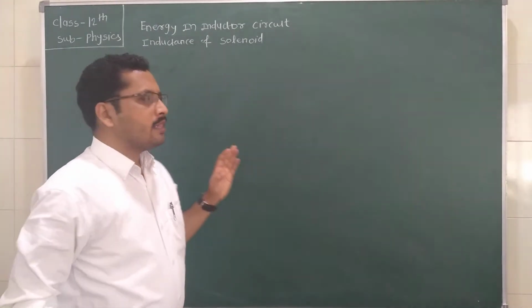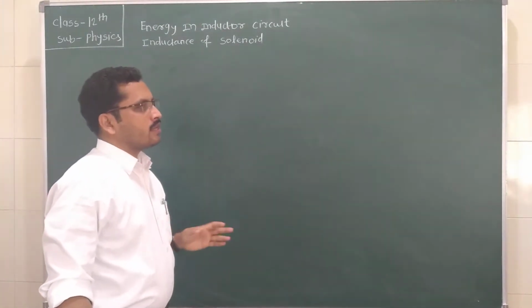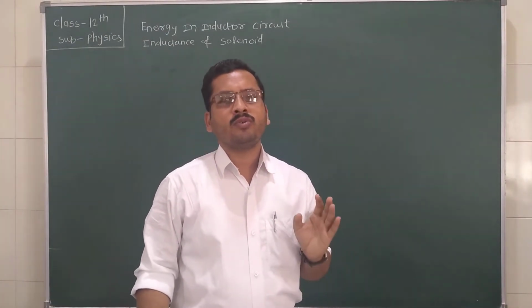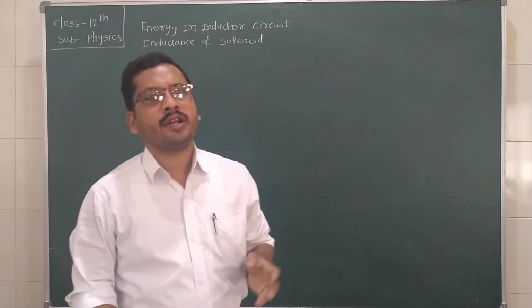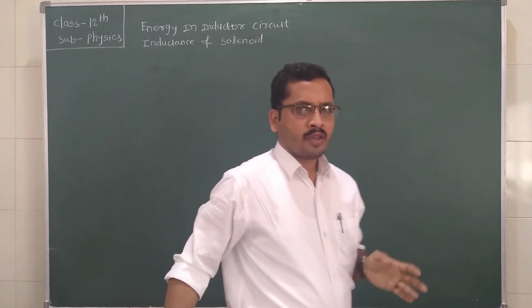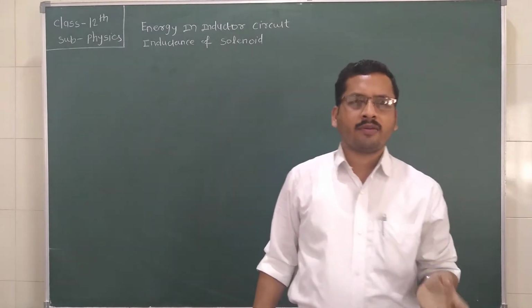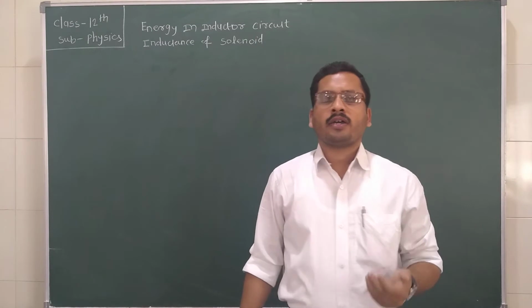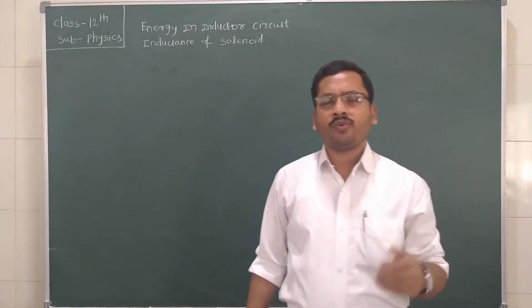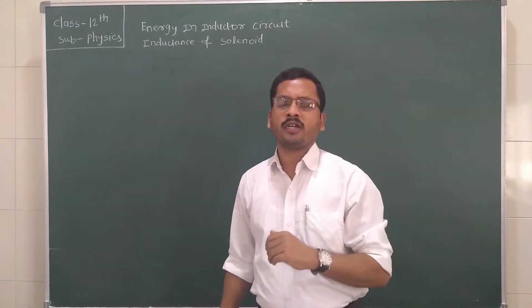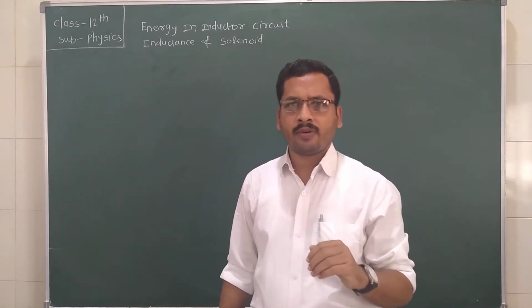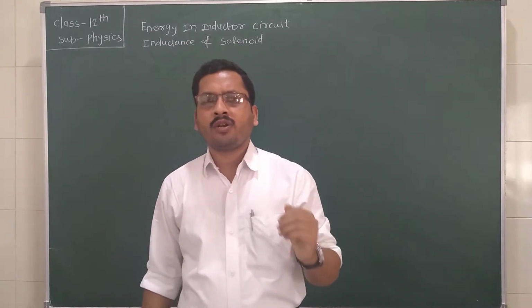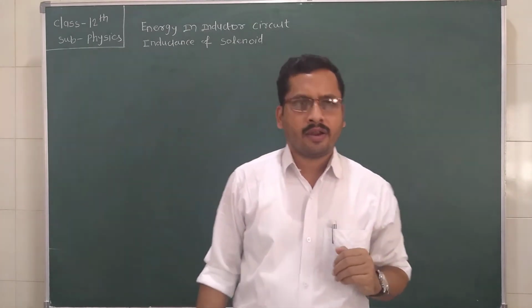In this inductor circuit, some energy or some work must be required to maintain the current, because whenever a current flows through an inductor, a magnetic flux develops surrounding the inductor, due to which an EMF is induced in the circuit, and this EMF produces a current which is opposite to the applied current.